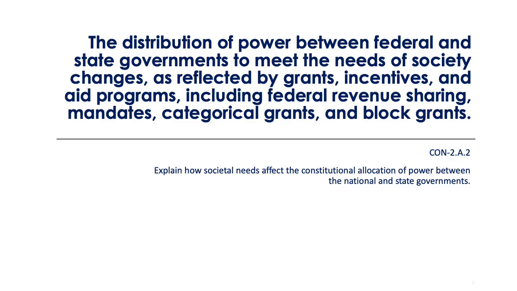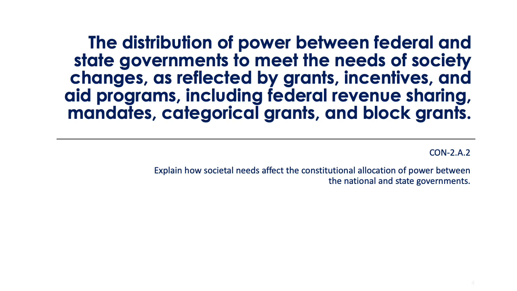Now we're going to be discussing the distribution of power between federal and state governments, and how it meets society, depends on society's changes, and how federalism is looked at through grants, incentives, and aid programs. So we're looking at the money involved, the relationship consistent with the money.